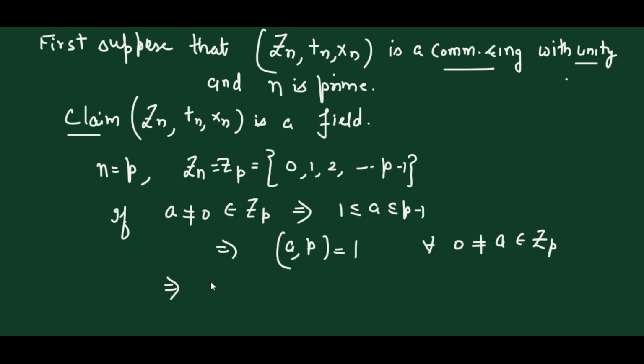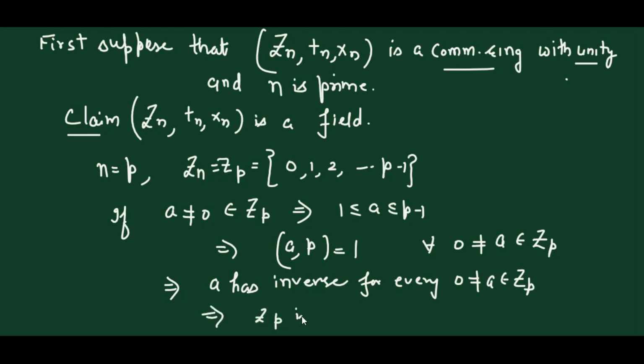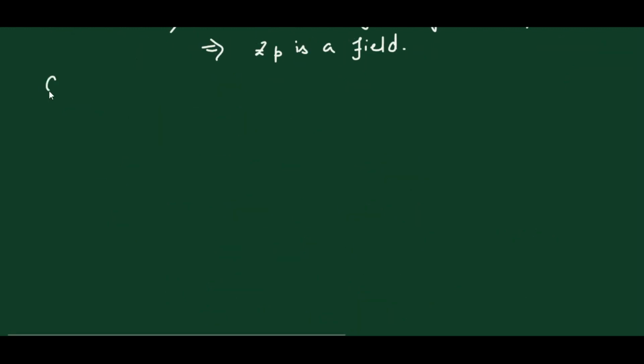This implies A has an inverse for every non-zero A, and this implies Zp is a field. So this is the first part. When you have assumed that Zn is a commutative ring with unity and n is prime, you have shown that Zp is a field.